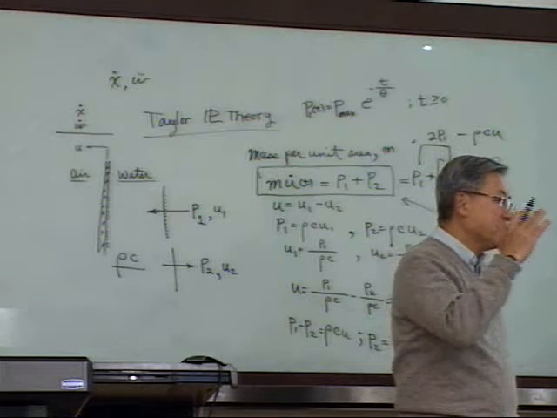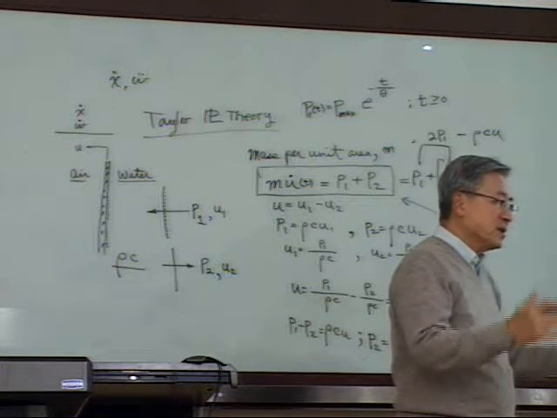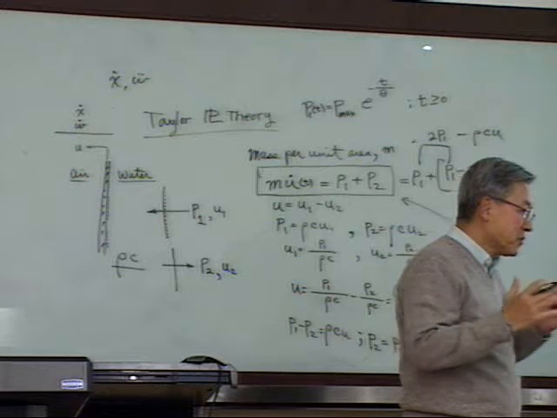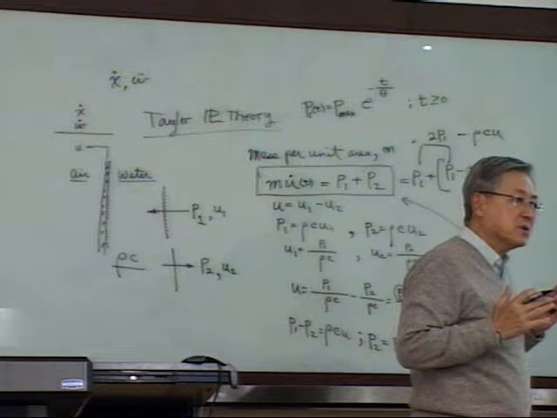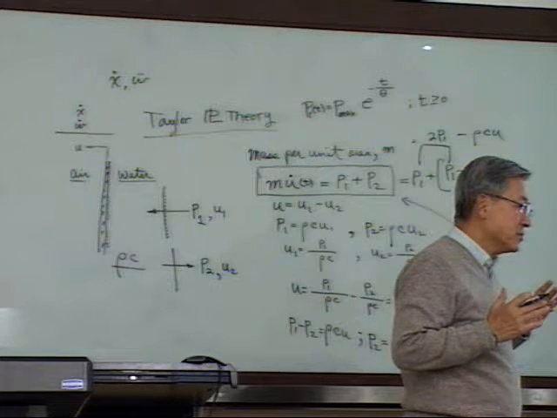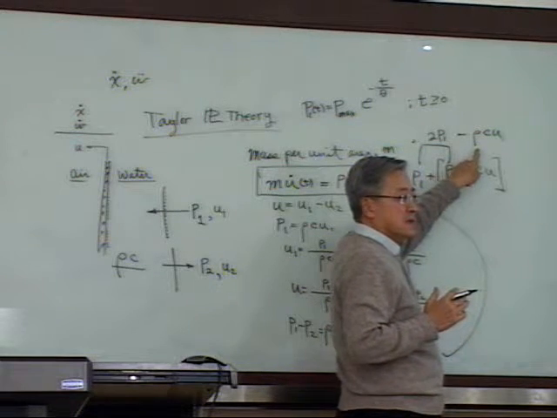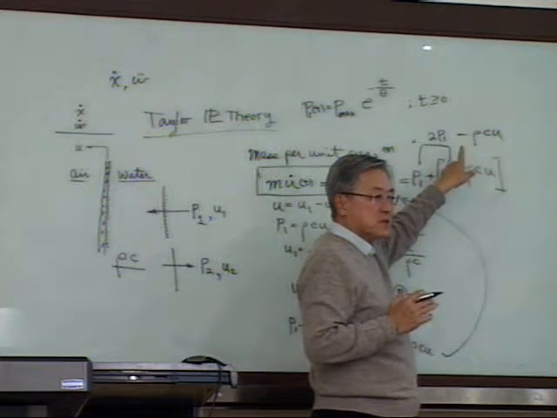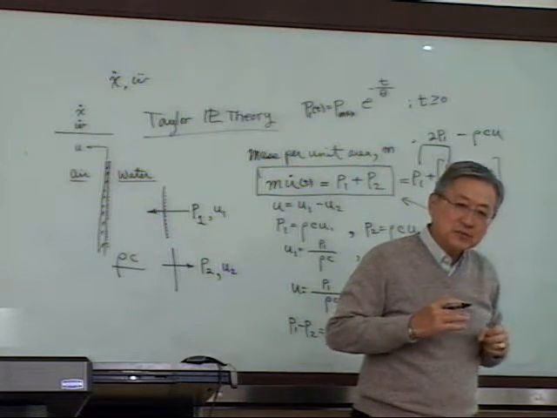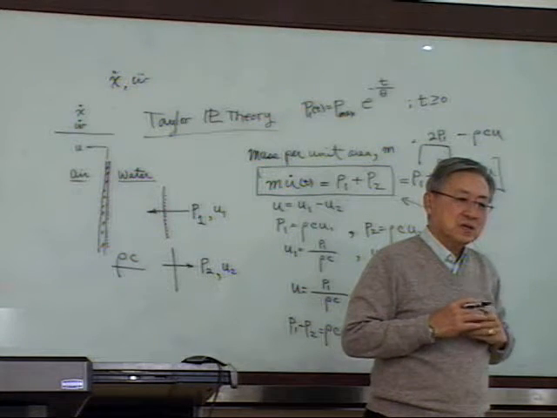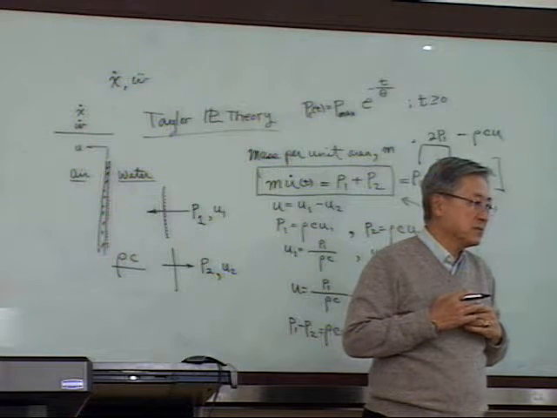So whenever you're dealing with a flexible structure, think this way: it absorbs some pressure on itself. How much? Rho C u. That much pressure is relieved. Instead of experiencing 2P1, the structure itself takes rho C u amount of the pressure.